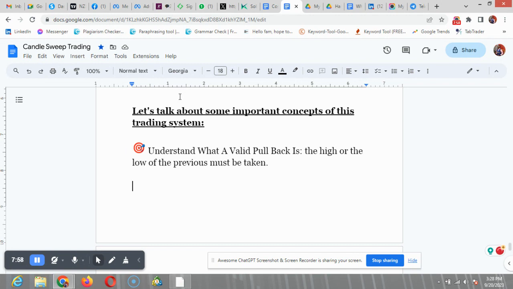The high should be taken in the case of a bearish market movement. The low should be taken in the case of a bullish market.